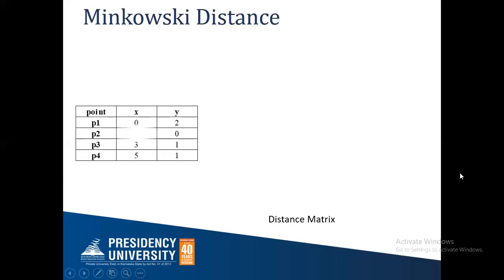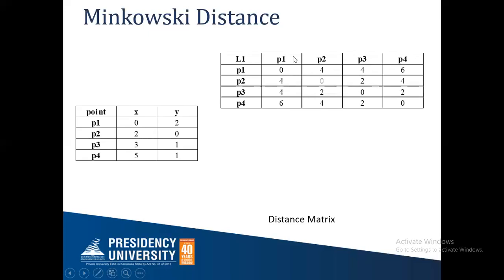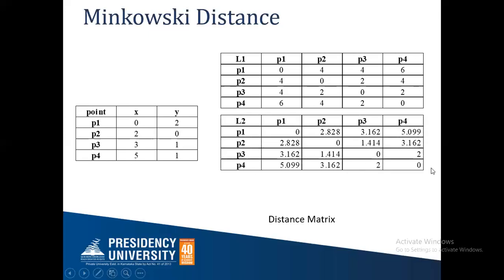So if we say r is equal to 1, so we get the table like this. This is nothing but the application of Manhattan distance. So wherein r is equal to 1, so power becomes 1 and 1 by r becomes 1 by 1. So we can simplify. Let us say we want to calculate distance from P1 to P2 using Manhattan distance.